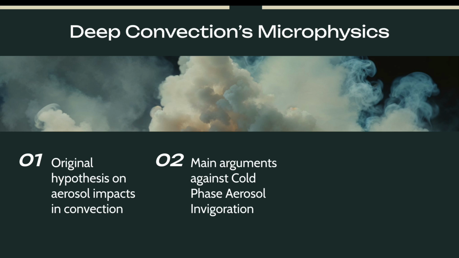In the paper by Igel and van den Heever 2021, they showed that assumptions for cold phase aerosol invigoration are unrealistic, including instantaneous freezing and then fallout of hydrometeors. Studies have only shown that warm phase processes have seen invigoration, and this was only when we involved modifying the moist adiabatic lapse rate calculations in order to include freezing, supersaturation, and condensate loading.